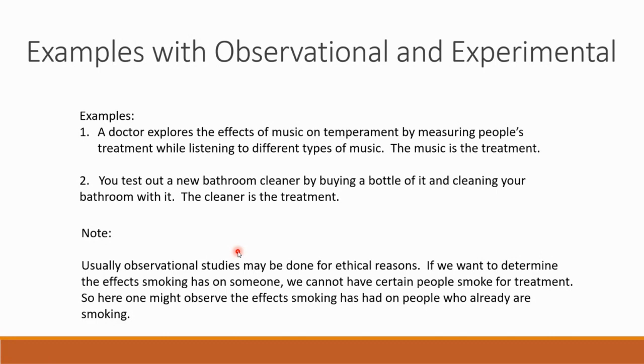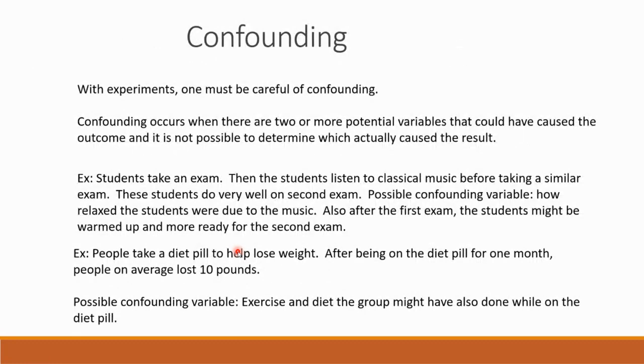Okay. Now with experiments, though, again, you really want the two groups to be the same, except the only difference is that one group gets the treatment and the other group does not, because you want to rule out what's called confounding. You have to be careful of this.